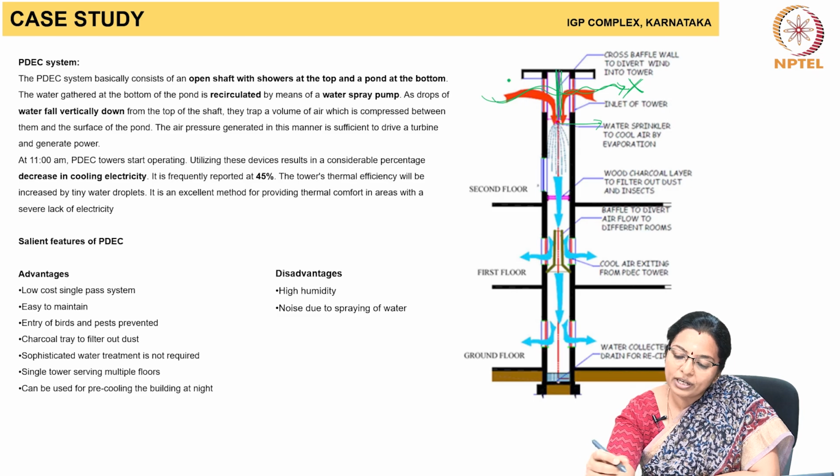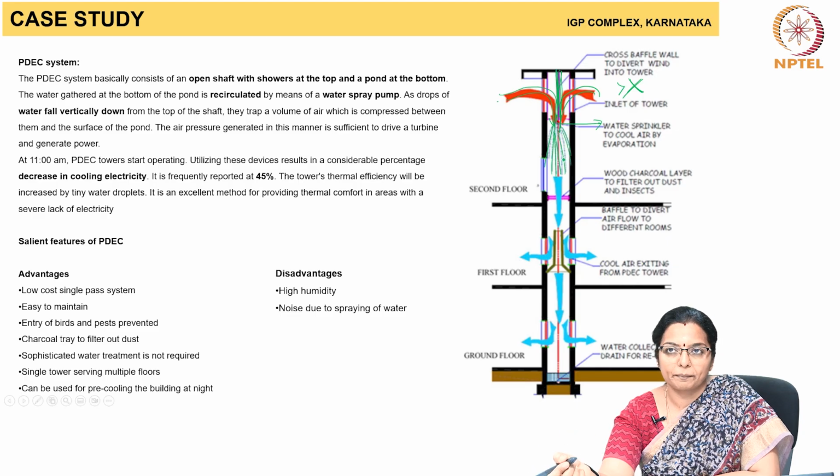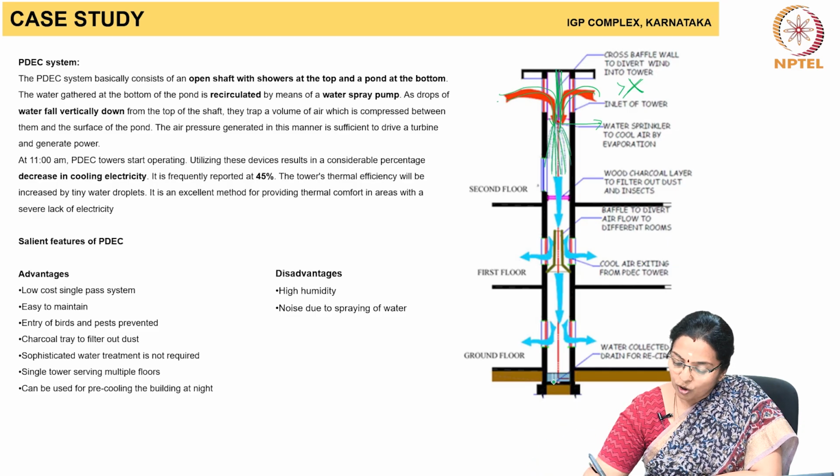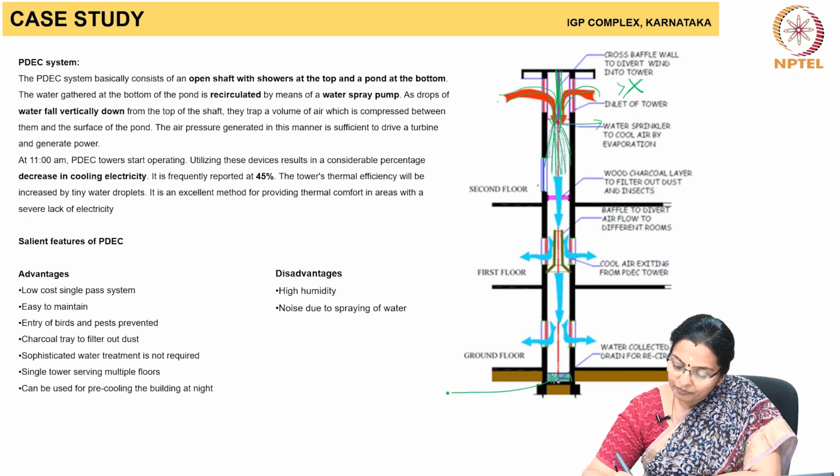The baffle wall ensures that the breeze that flows is directed down to the micronizers where the mist is sprayed. This water gets gathered below, which is drained out.